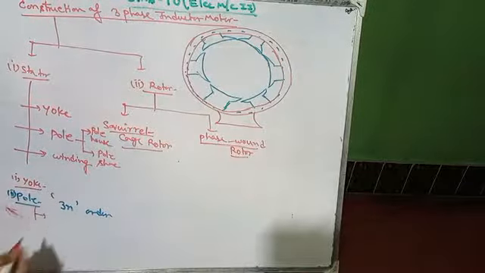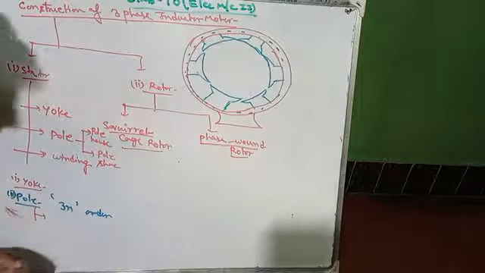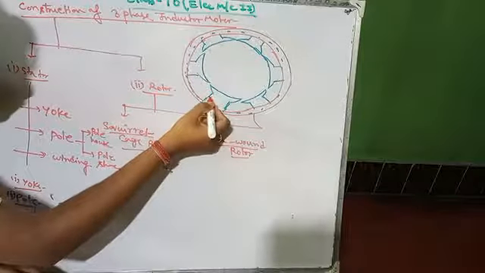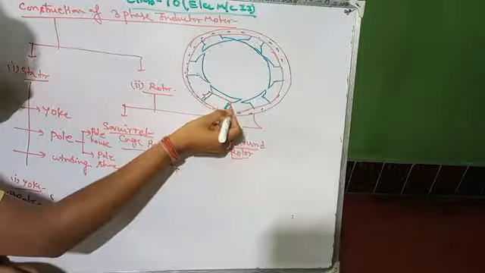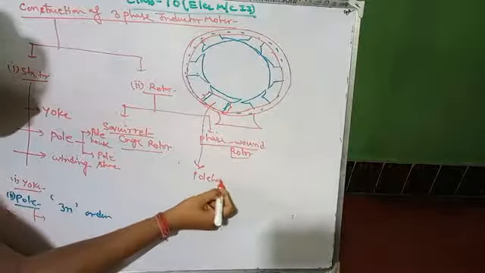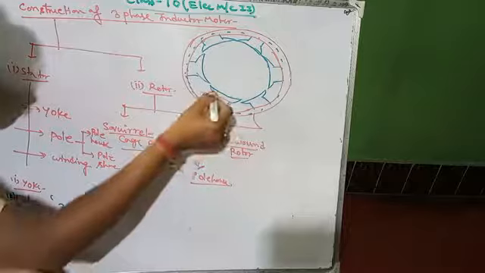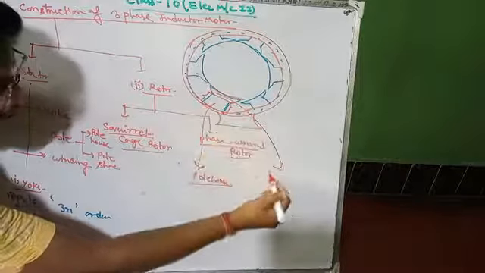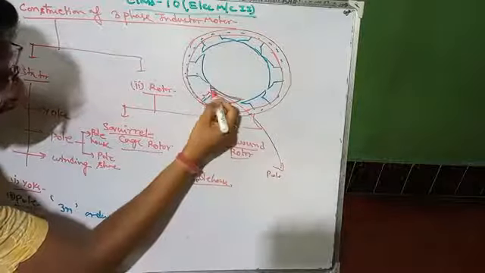Next, the pole consists of two parts: pole house and pole shoe. This section is pole house and this section is pole shoe.